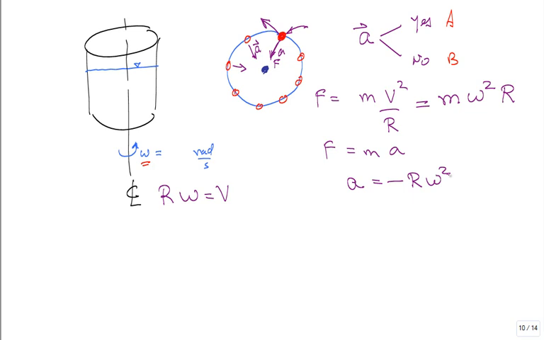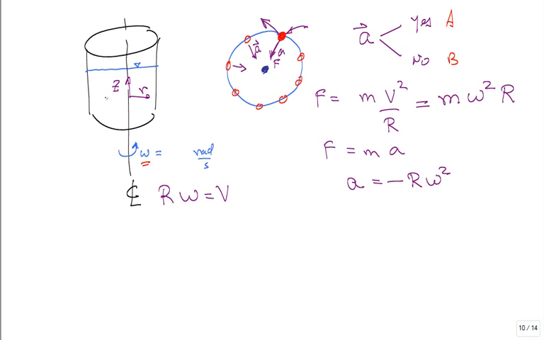Do you like that? Negative r omega squared? So when we have a cylindrical system, a solid body with fluid in solid body rotation, we like to adopt the coordinate system r and z.